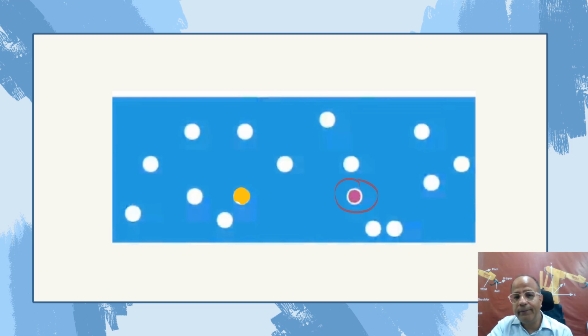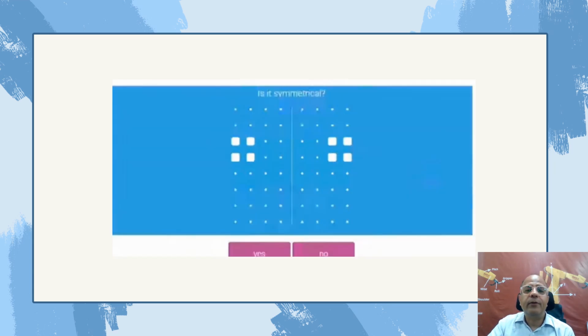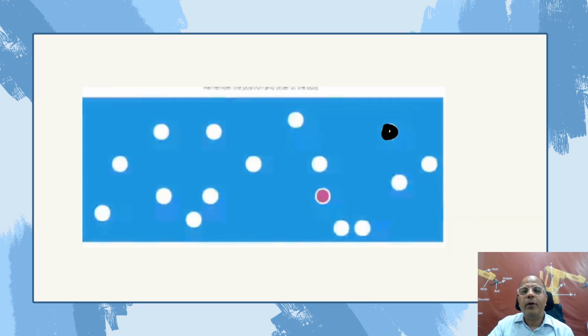So try to memorize where they are. Again, it is going to be followed by a yes, no. Is it symmetrical? This time it's a yes. I'll mark it, move on. There is one new ball. The yellow ball is not shown now, but instead a black one is shown over here, and it retains the position of the first ball.